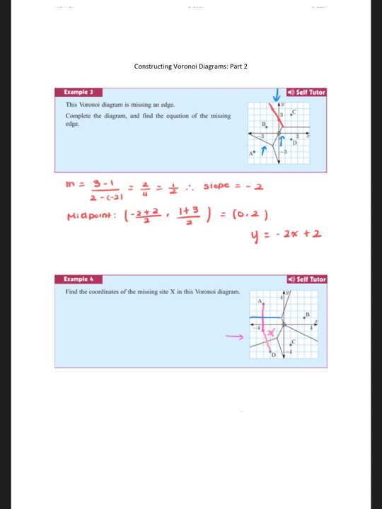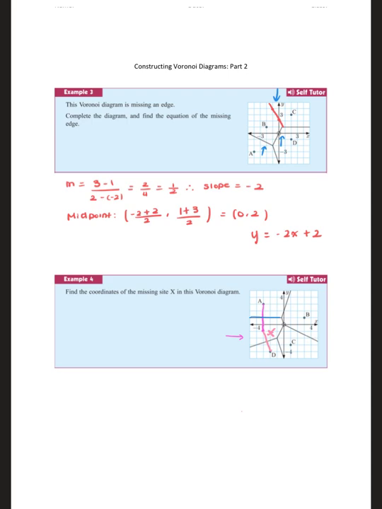So what I'm trying to find is the intersection of the line segment AX with the line segment DX. And I can use what I know about the slopes of perpendicular bisectors with the line segments that they form the perpendicular bisector for.